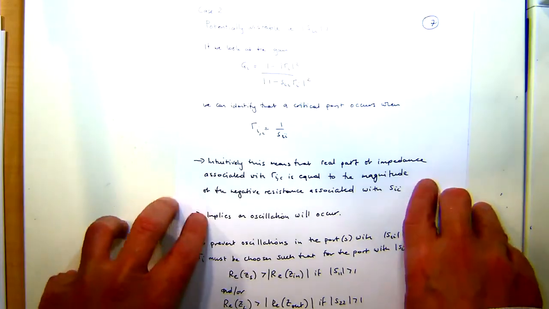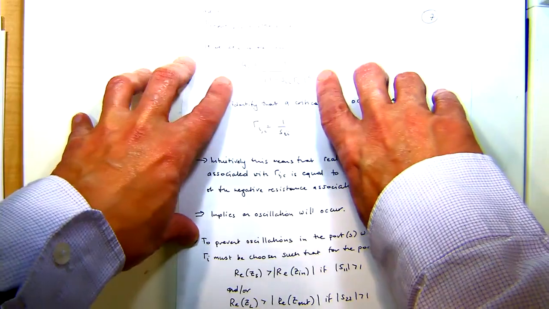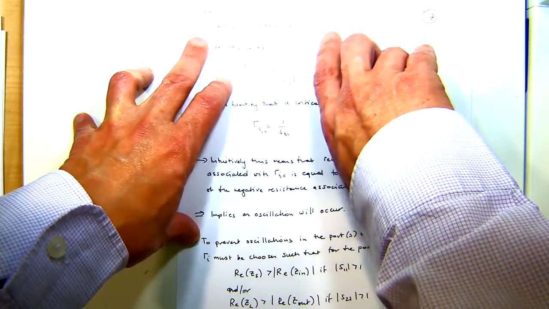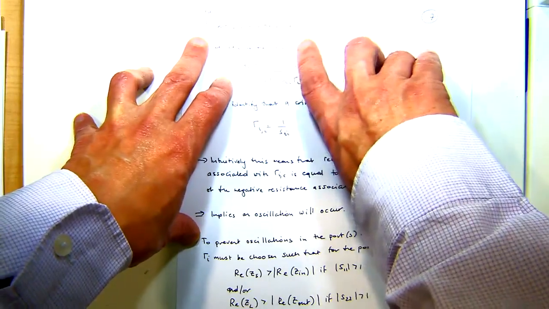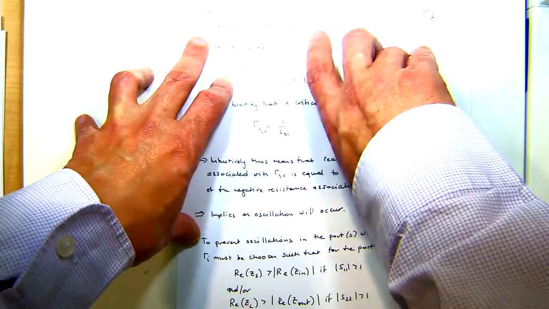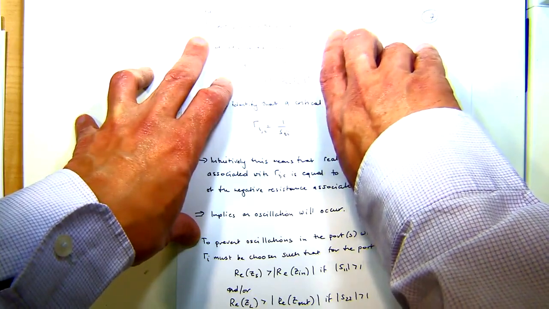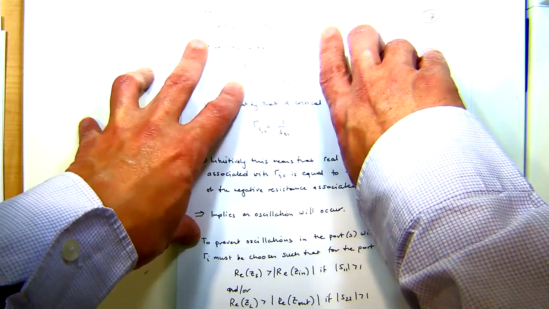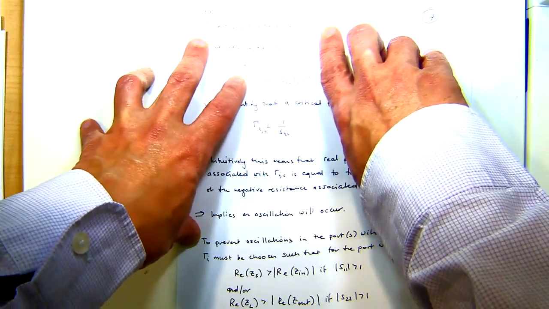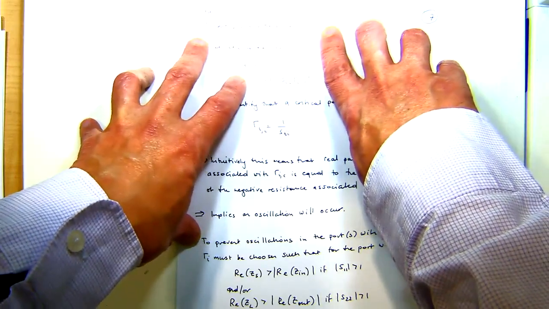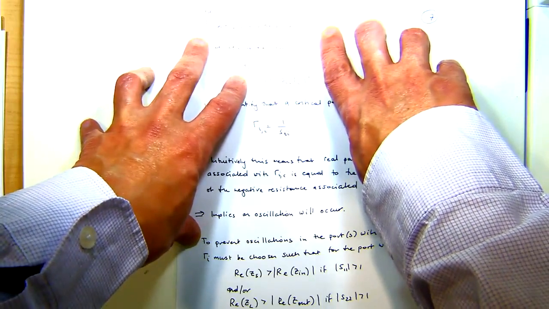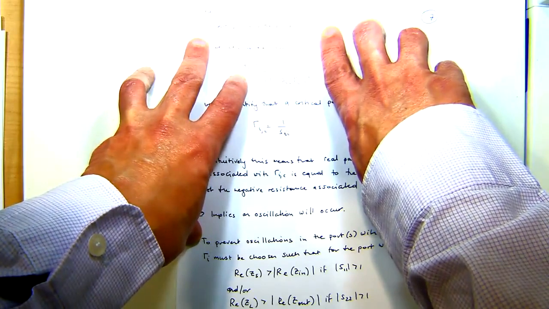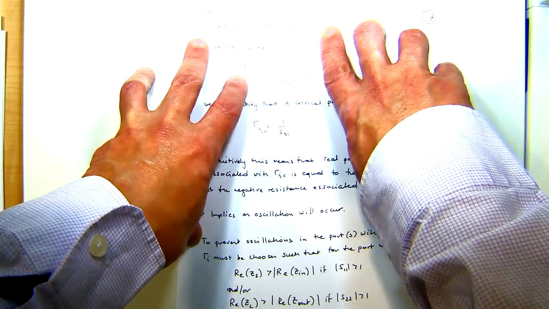Specifically, I'm referring to a situation where the magnitude of S11 is greater than 1. What does that mean, intuitively?